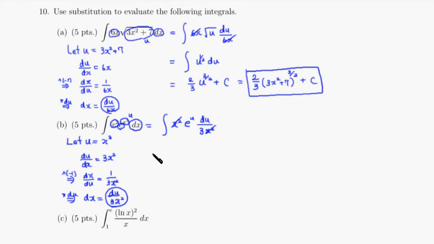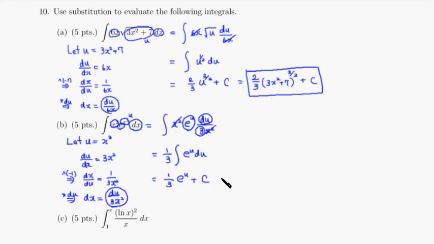So what you get is, actually, there's a 3 on the bottom, so 1/3 is a constant. Then you have an integral of e to the u du, which is pretty easy to find the antiderivative of, because the antiderivative of e to the u is itself, plus some constant c.